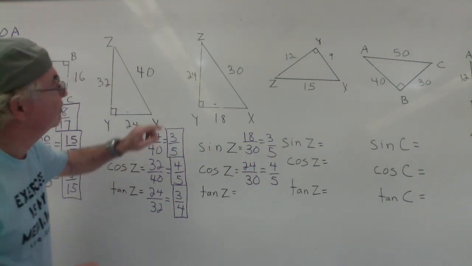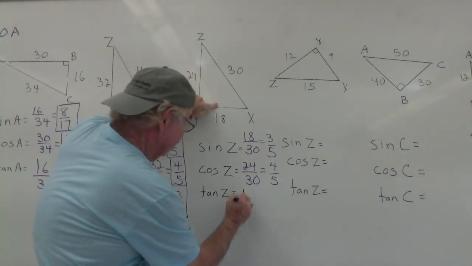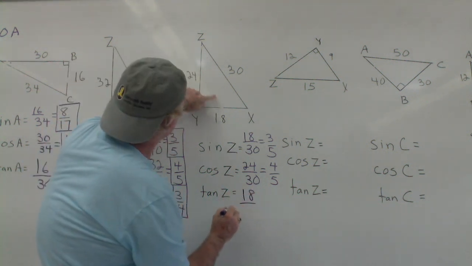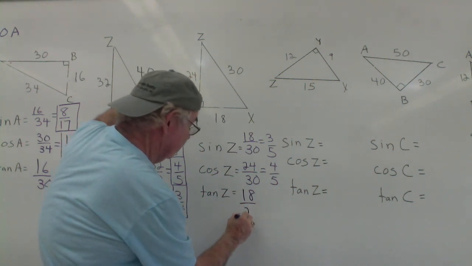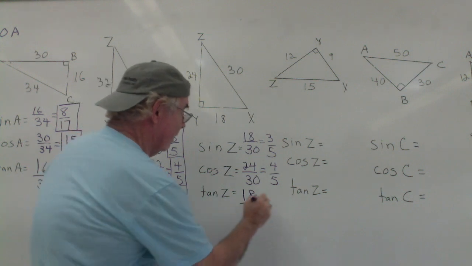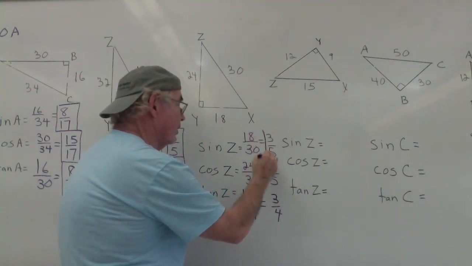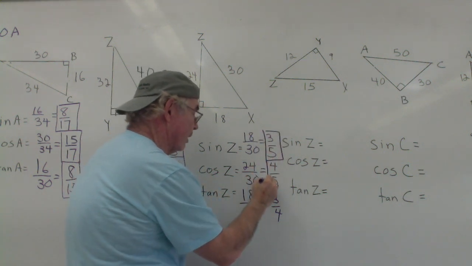And the tangent, defined to be the opposite over the adjacent, which reduces by 6 to 3/4. And there's our trigonometric ratios.